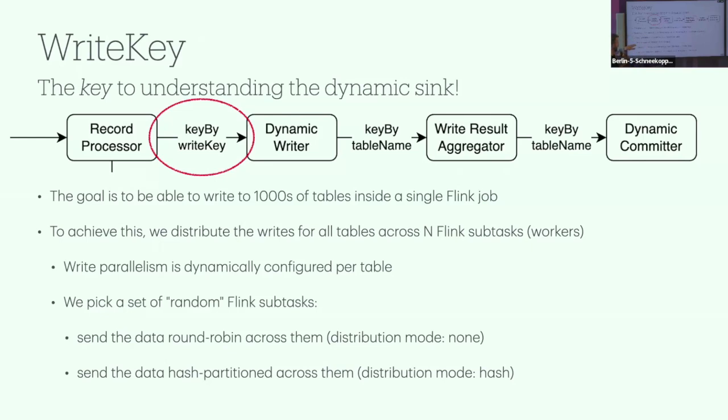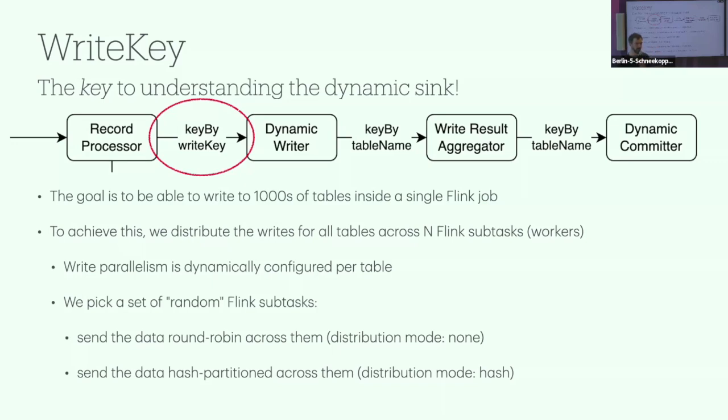For that, we pick a set of deterministically random subtasks, and then we use that subset to round-robin distribute if the distribution mode is none, or do a hash-based distribution, but only on this subset of subtasks.